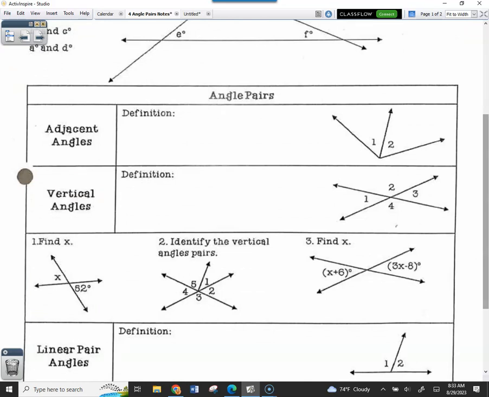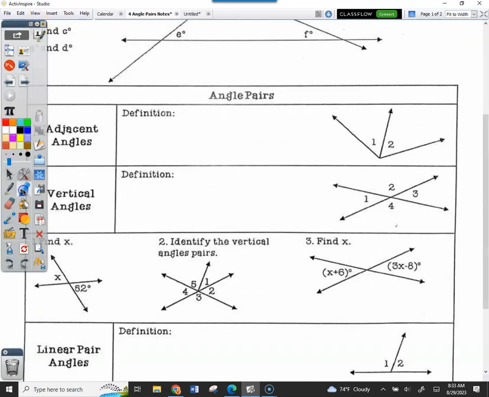We said we have adjacent angles. We have vertical angles. We said adjacent angles are just when they have a ray in common and they're side by side. Adjacent angles doesn't mean anything in terms of what they measure. It just means position, okay, not value. Now vertical angles, this is huge, huge, huge.